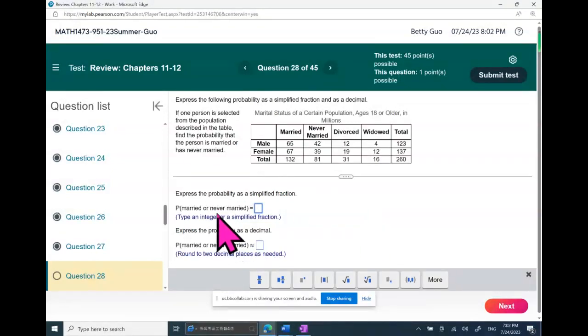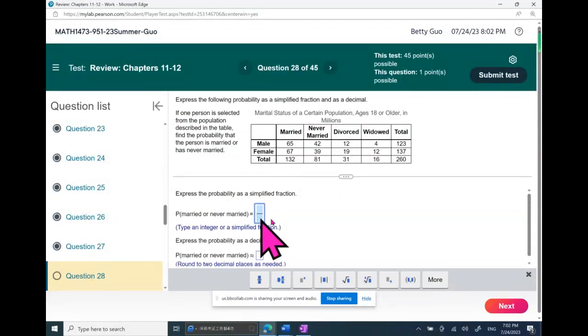So the probability of married or never married: the denominator is going to be the total number of people, 260. And the numerator, this time we only have 2 numbers added together. First number, married, 132. Second number, never married, 81, plus 81.